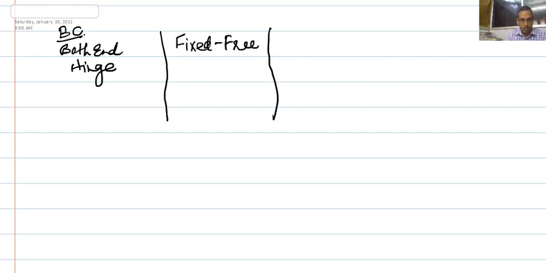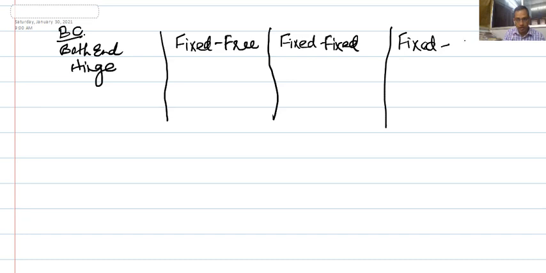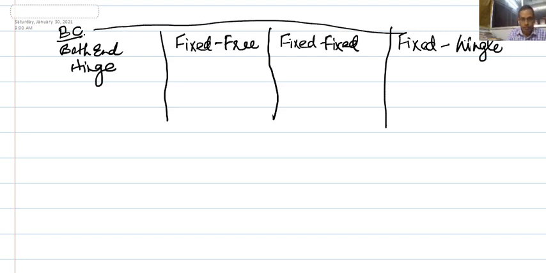Third, one end fixed and the other end also fixed. The fourth condition is one end fixed and the other end hinged. For all these conditions, what will be my PCR?